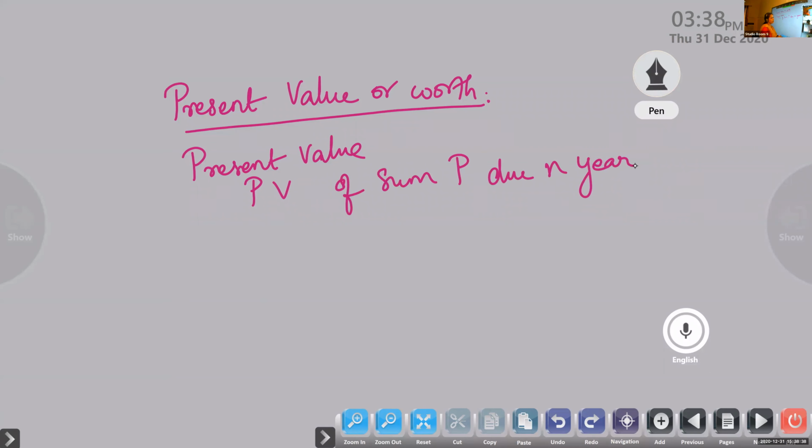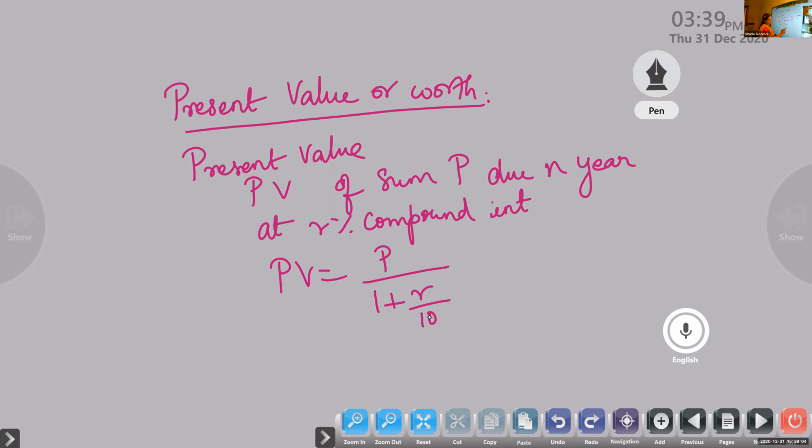If the amount is P after n years, what is its present value? Present value of sum P due n years at R% of compound interest is given by P / (1 + R/100)^n.